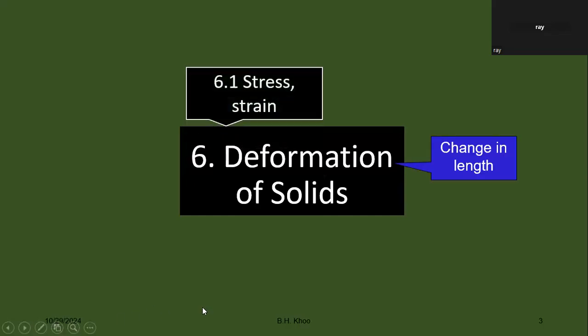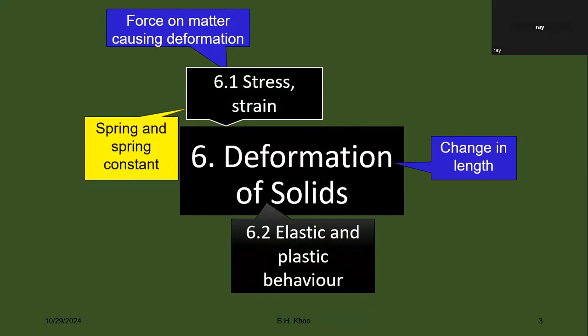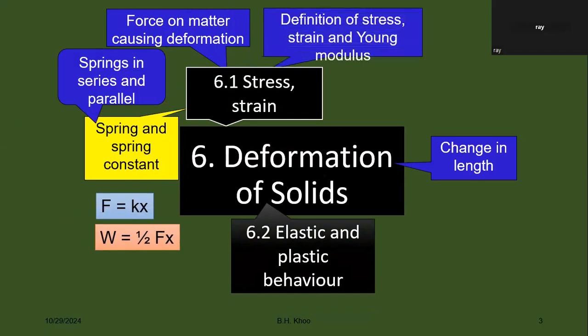Deformation of solids. We'll look at 6.1, stress and strain. Deformation means change in length. Then elastic and plastic behavior. Here we are looking at how force causes deformation. So we look at spring and spring constant. That's the formula we will encounter. And then work done by springs in series and in parallel.